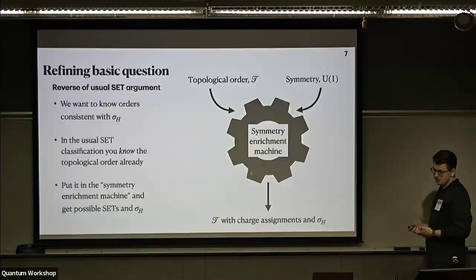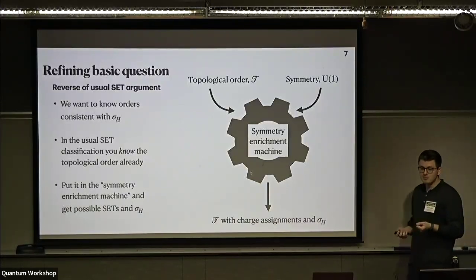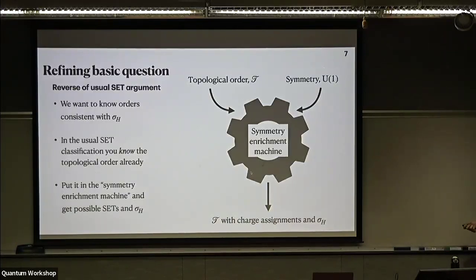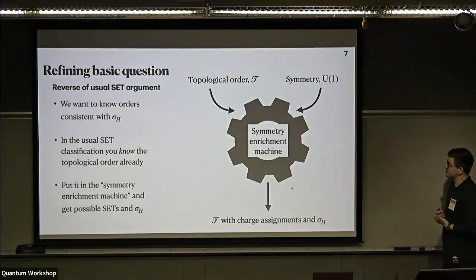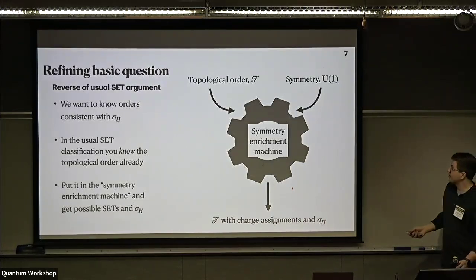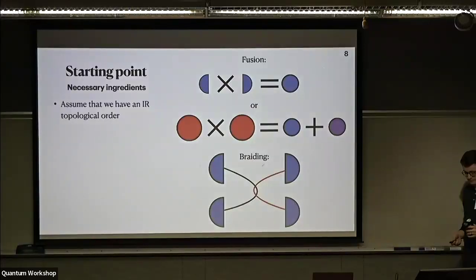And I tell you, here are the ways to assign charge to your theory. Maybe in the Ising anyon theory, we can give the sigma particle 1/2 charge or 0 mod 1, and with that comes a value of the Hall conductivity. But you can see why this might not satisfy an experimentalist who doesn't know what topological order they have. They know the sigma_H that they measure. So that's why we want to run it in the reverse direction.